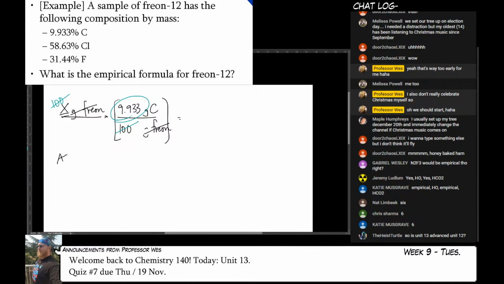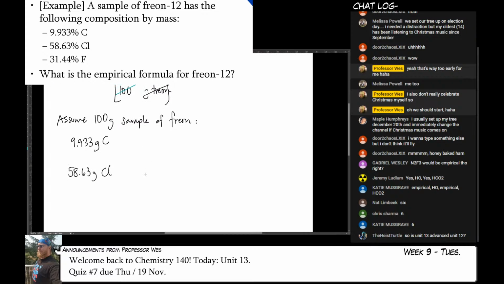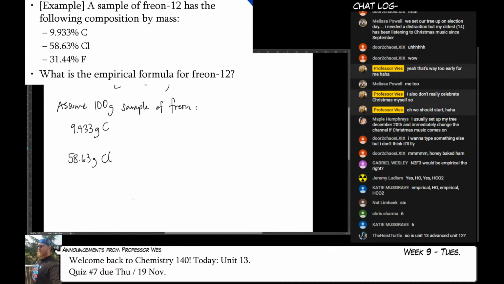So if we assume a 100-gram sample of Freon, then in that 100 grams, we must have 9.933 grams of carbon, 58.63 grams of chlorine, and also 31.44 grams of fluorine.